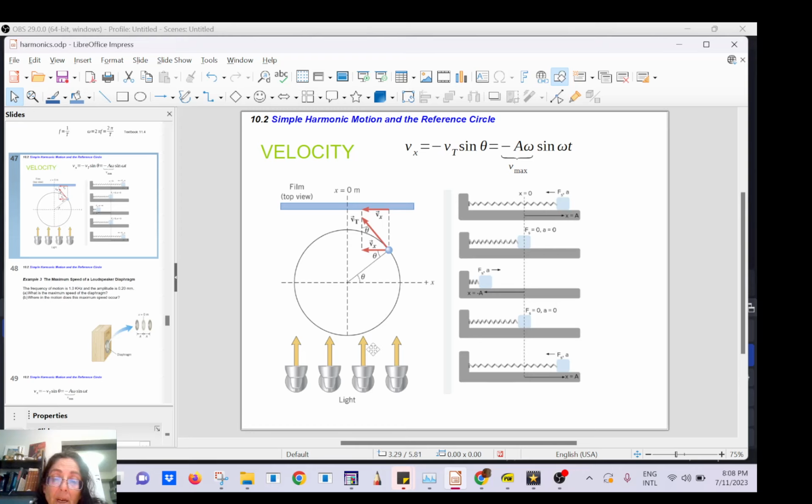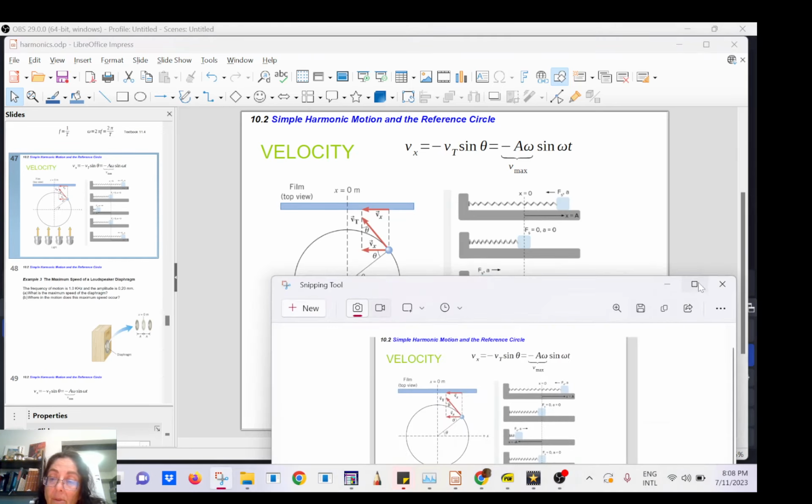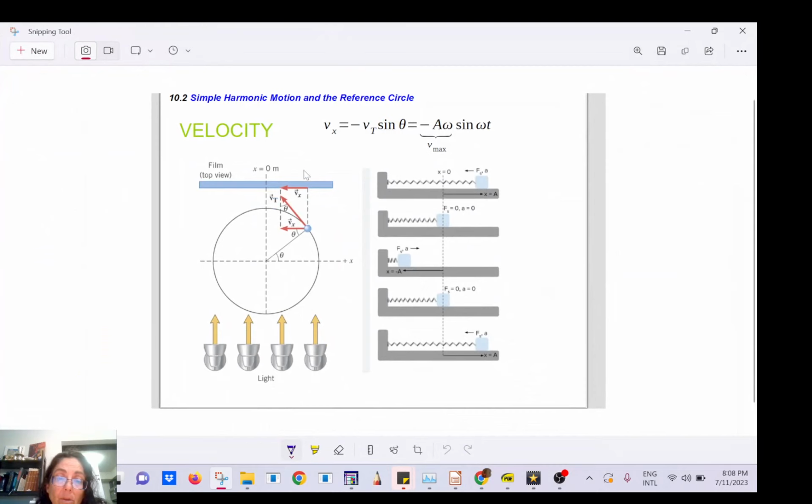You're going to see the same motion. So at t equals 0, it's going to be here. That's position 1.